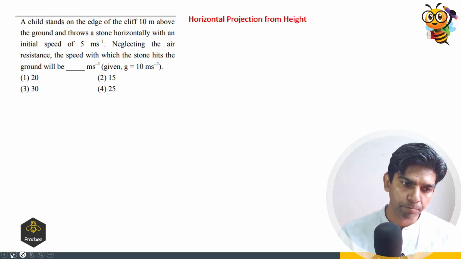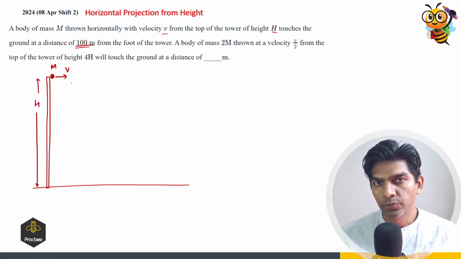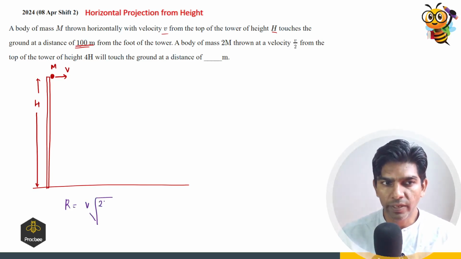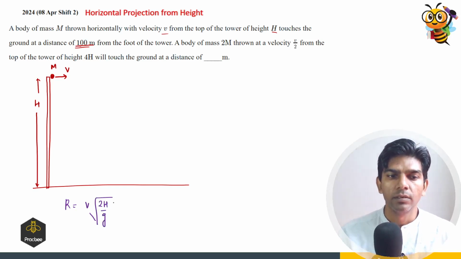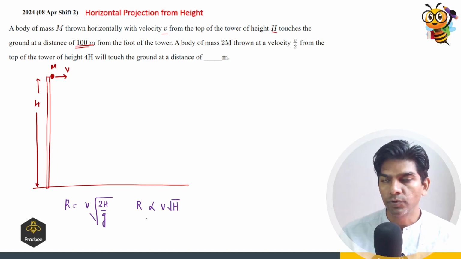Okay, let us see. So in case of a horizontal projection from a height, the range is given as the velocity of projection times the time of flight, which is root of 2h by g. So we can say the range is directly proportional to velocity and directly proportional to square root of the height of the tower. So we're going to use this.